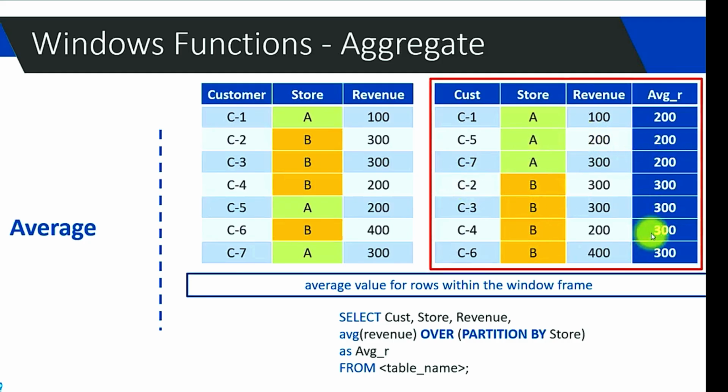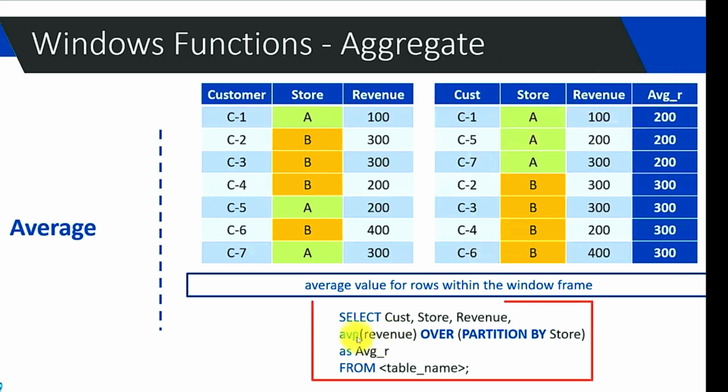We can get this table using the average window function. And how can we do that? The syntax is average. Then you have to mention the field for which you want the average. Then again, just like any other window function, we have to use partition by and order by. Here, order by is not required because there is no use of order.